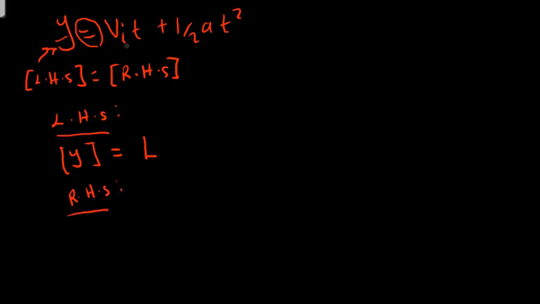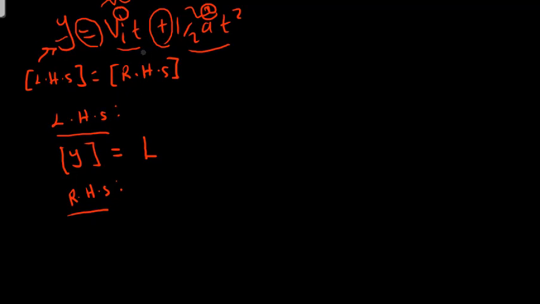On your right-hand side, you see that there are two terms that are being separated by the operator addition. You have this as your first term, and you have that as your second term, being separated by an operator which is addition.